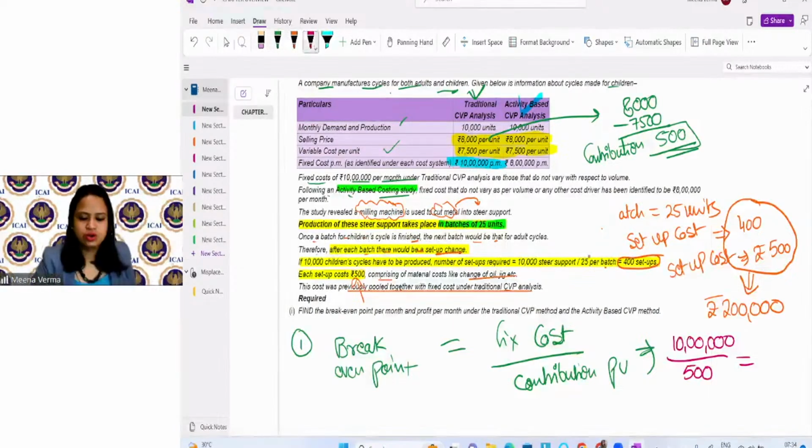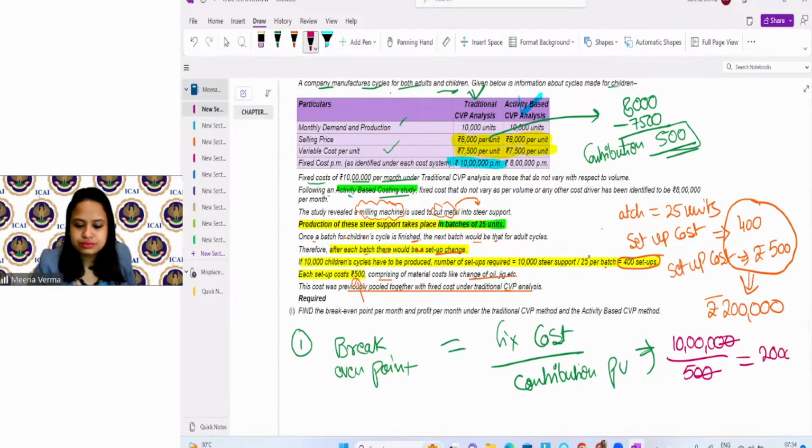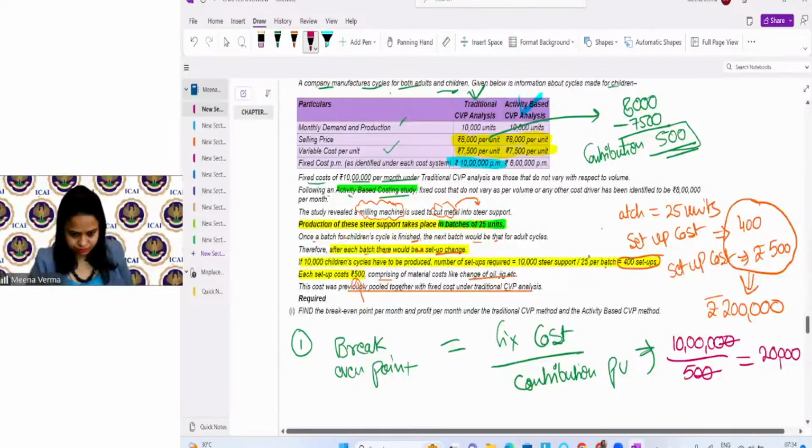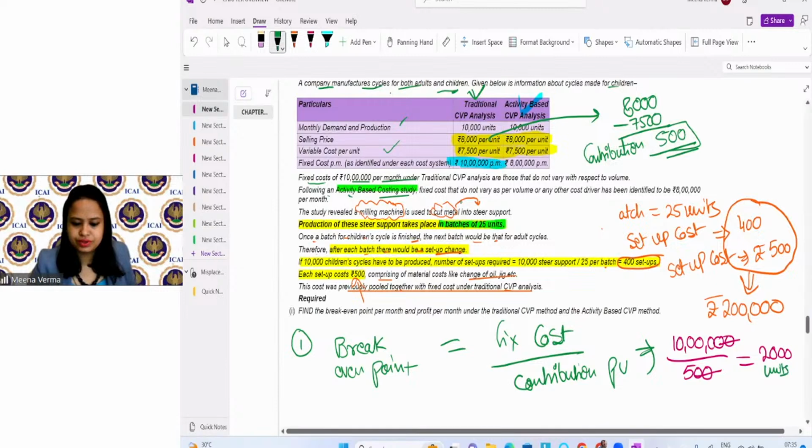All right. It is coming as 2,000. Yes, 2,000 units is the break-even point in case of traditional costing.